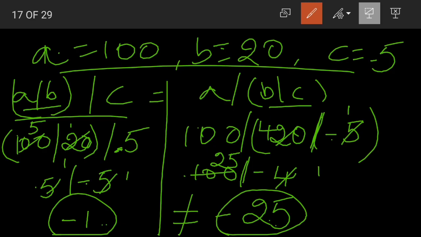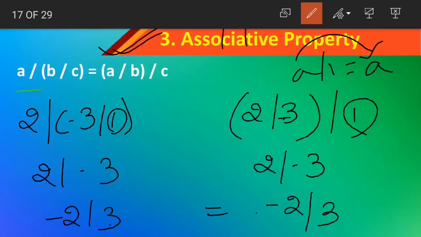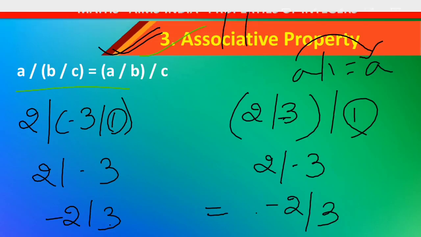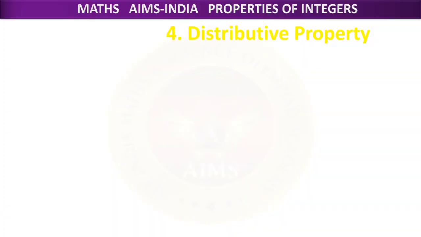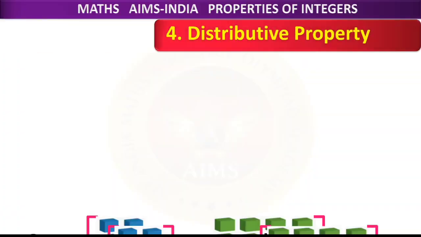As here both LHS and RHS are not the same, we can say that division of integers does not follow associative property. Even in your exam, or whenever you have to solve such kind of problems, it is better to cross check by taking two different sets of integers. I hope this is clear.